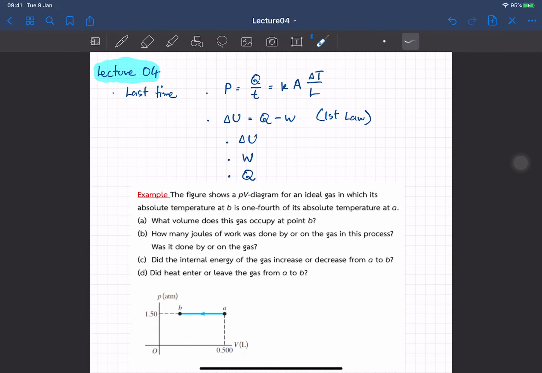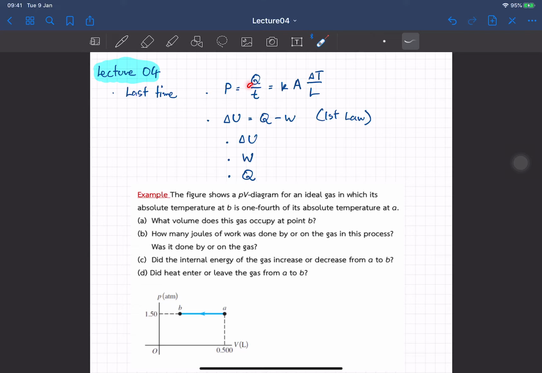Okay, so we talked about power, which is the rate of heat flow through some kind of, well, we used an example of the wall of the room, and the heat flow per unit second.